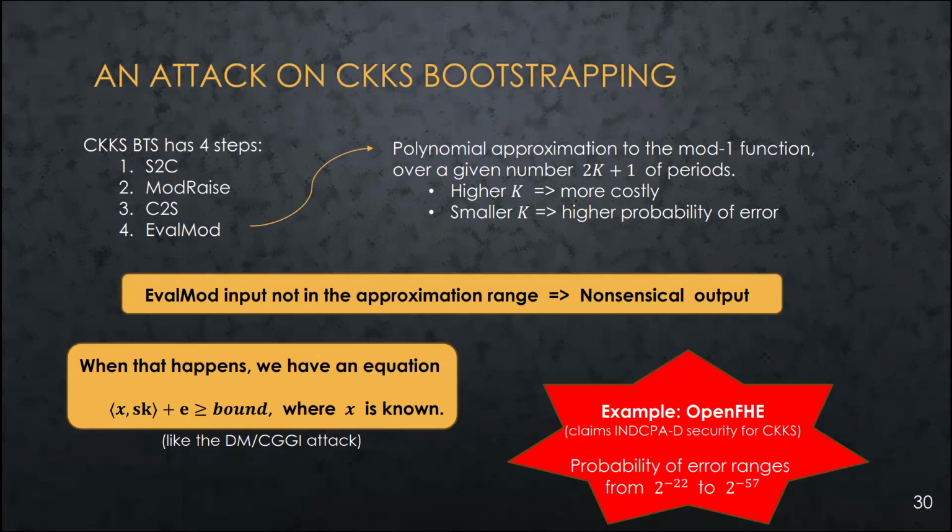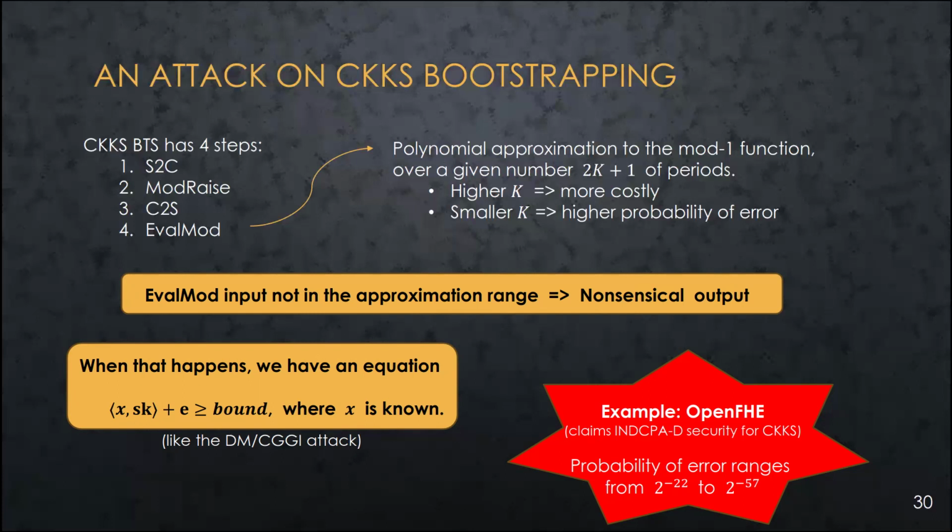If the eval mode input is not in the approximation range, then the output is totally nonsensical. So if we evaluate mod 1 on something which is not in the approximation range, but we still use the approximating polynomial, it's not approximating, and it gives the output of the polynomial, which has nothing to do with the mod 1 function.